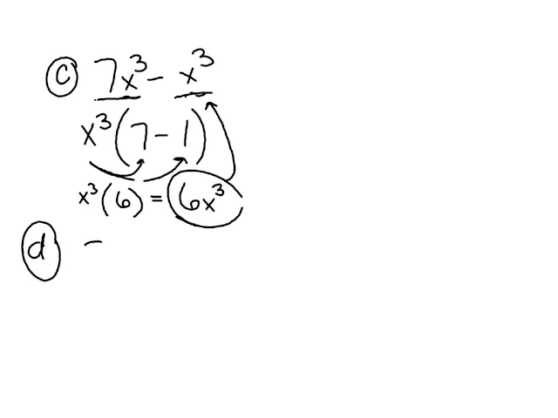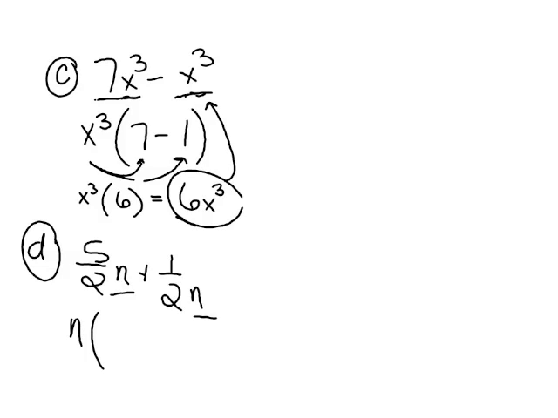The fourth example is 5/2 n plus 1/2 n. So if I undistribute, I want to pull out the n. Okay, so I pull the n out.